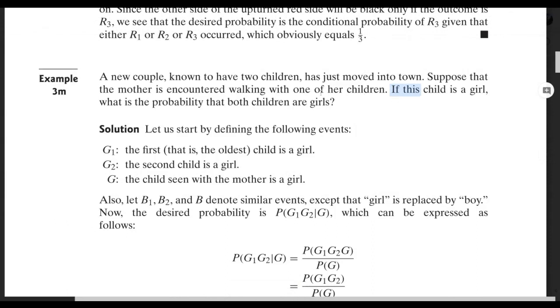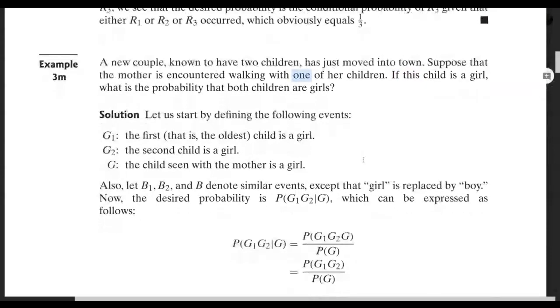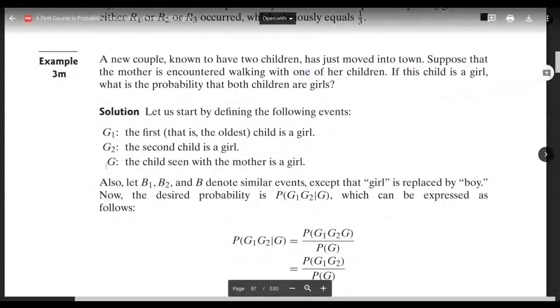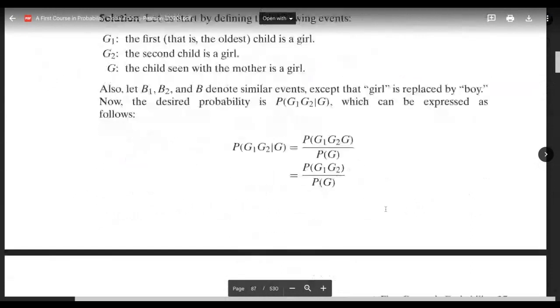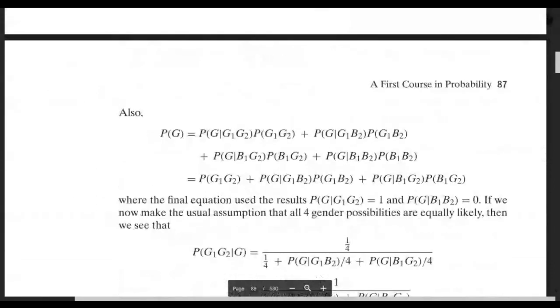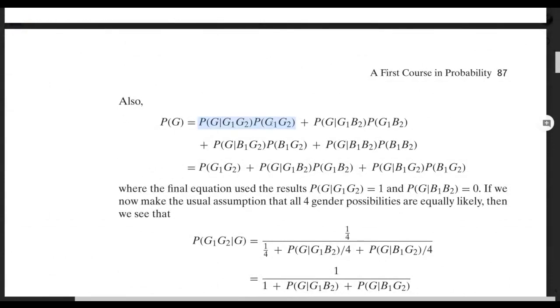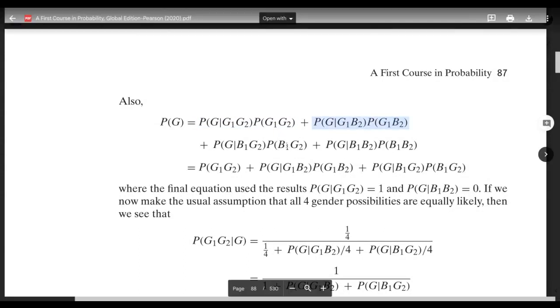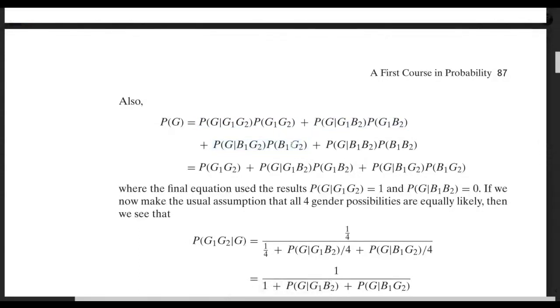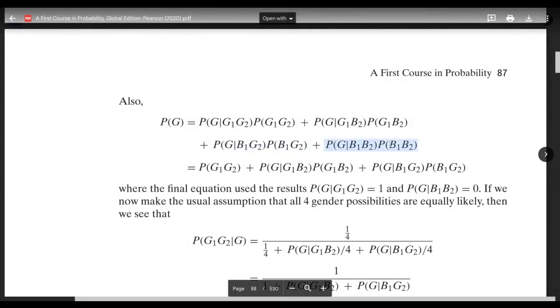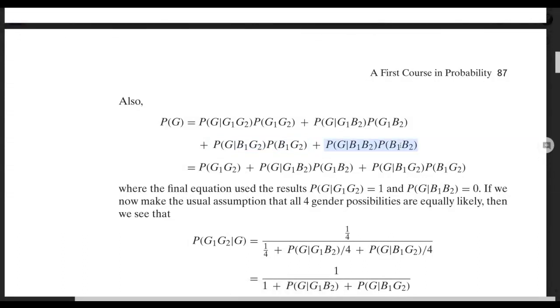If this child is a girl, okay, so this one is given as a girl, so G. The cases are: first child a girl and second child a girl; first child a girl and second child a boy; first child a boy and second child a girl; and first child a boy and second child a boy. We have these 4 situations.